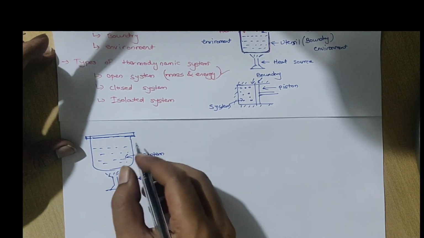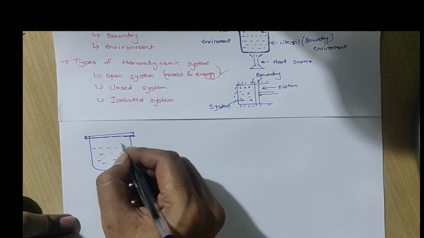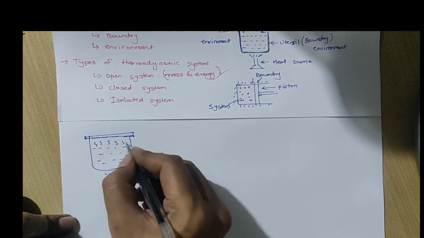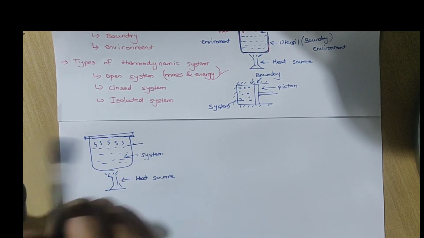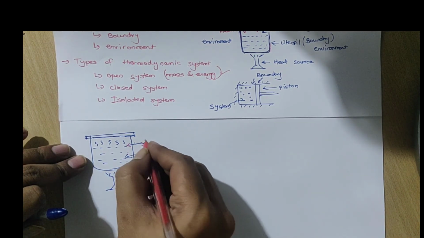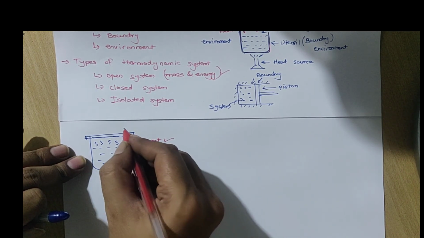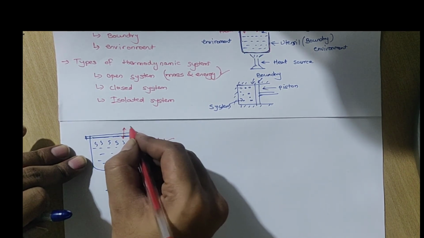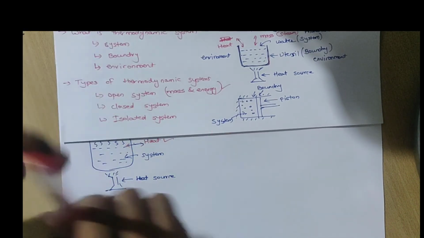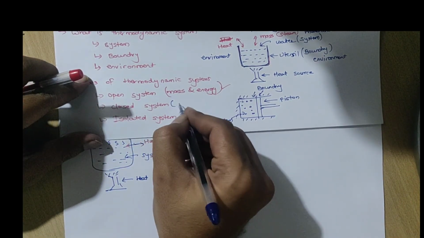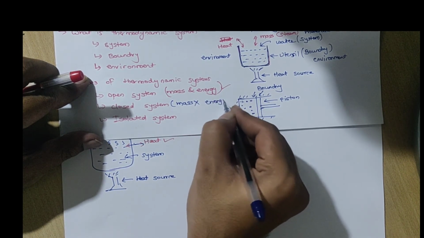Now in this case it is not possible to transfer the steam with the surrounding. So in this type of system only heat transfer will take place, but it will not be possible to transfer mass. So in closed system it is not possible to transfer mass, but energy is allowed.